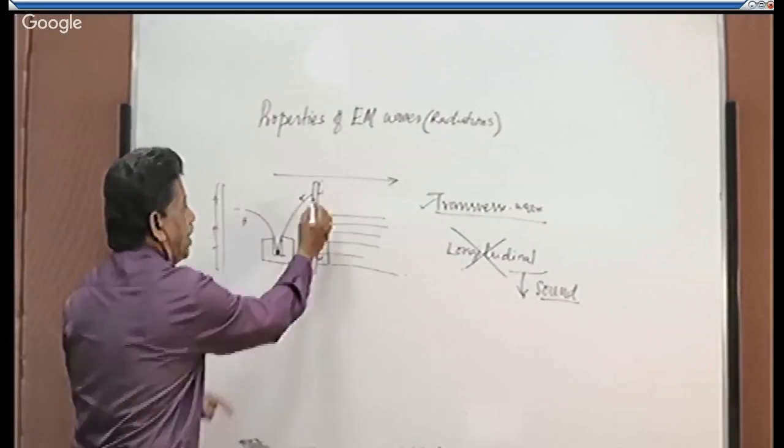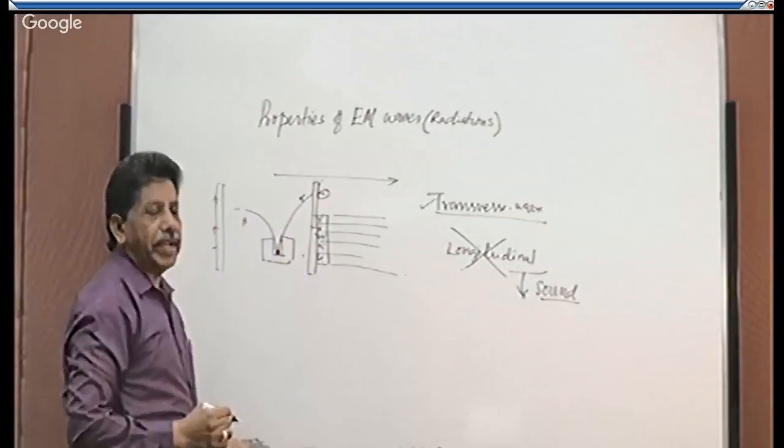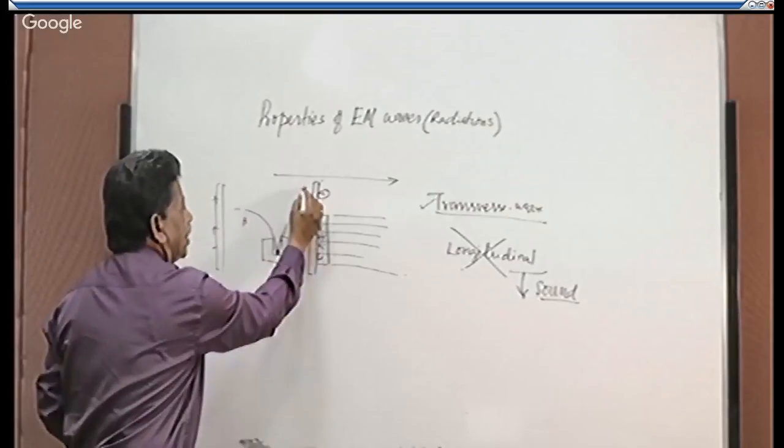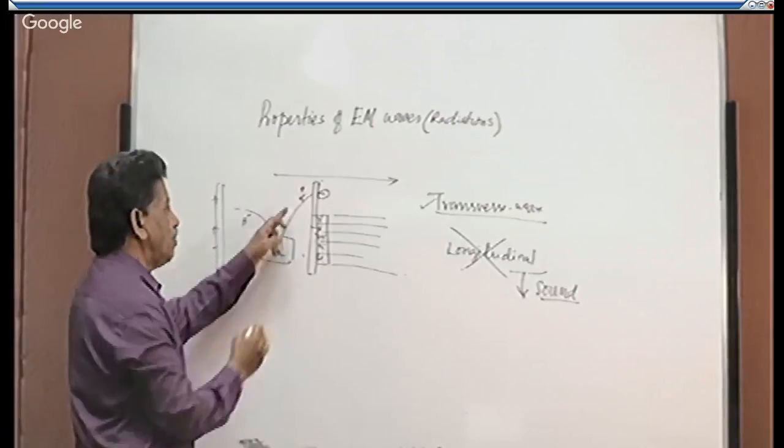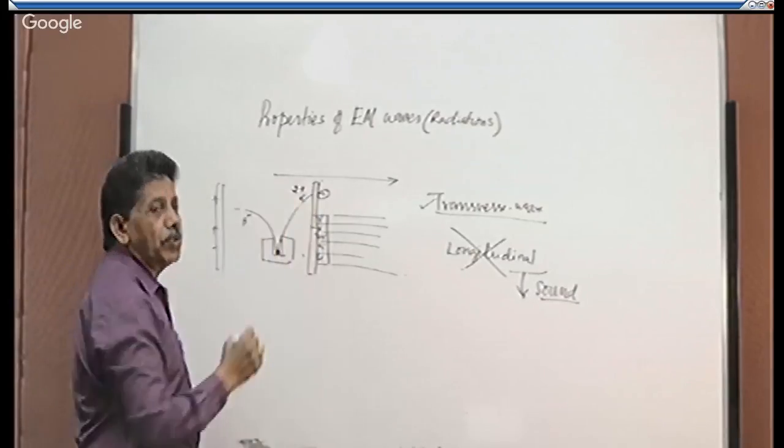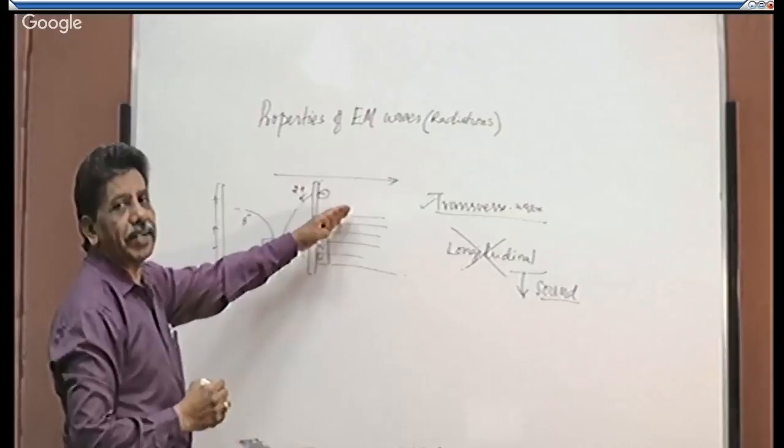It is because alpha particles carry positive charge, and beta particles carry negative charge. Alpha particles generally carry 2 positive charges, and thereby they are deflected towards the negative.